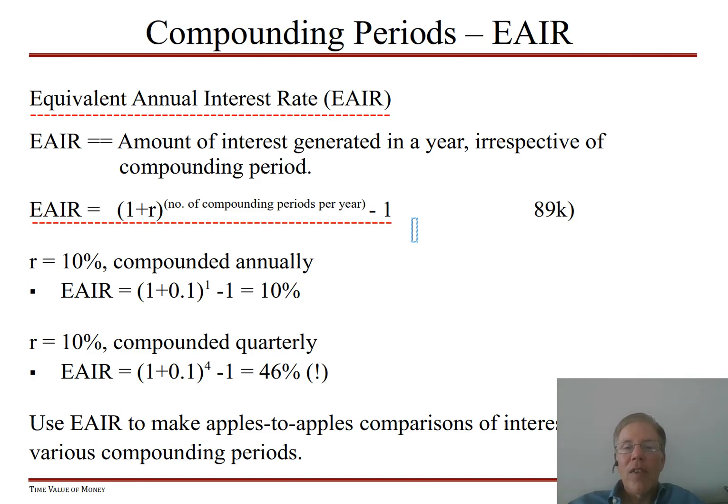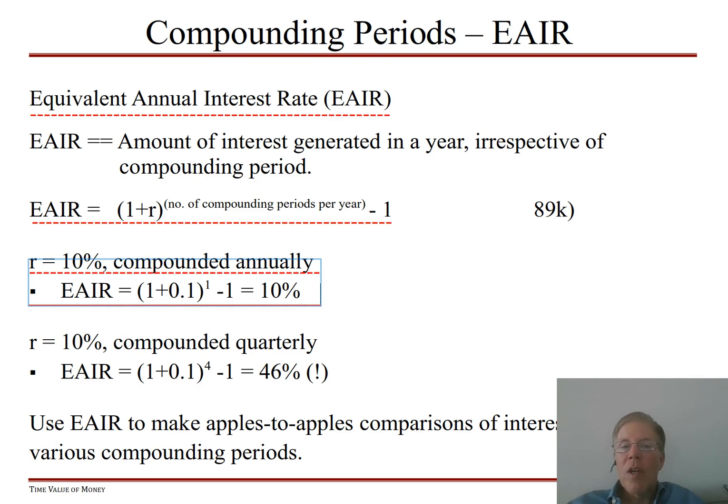Okay, so let's see how this works with a few real examples. If we have R equal to 10% compounded annually, then the EAIR is going to be what? Just plugging in our formula, it's 1 plus 10%, raised to the how many compounding periods per year? 1.